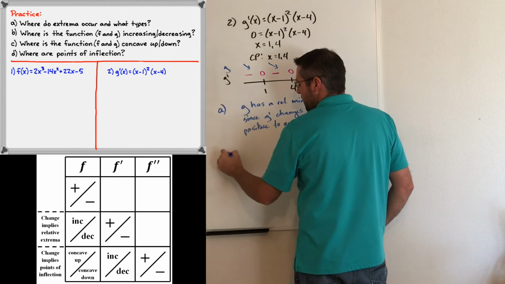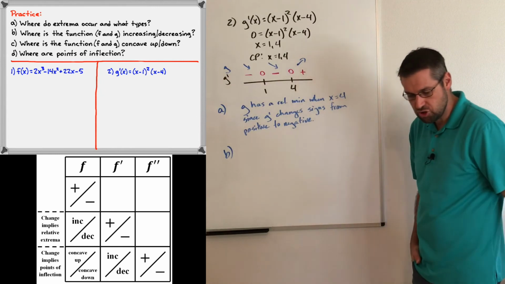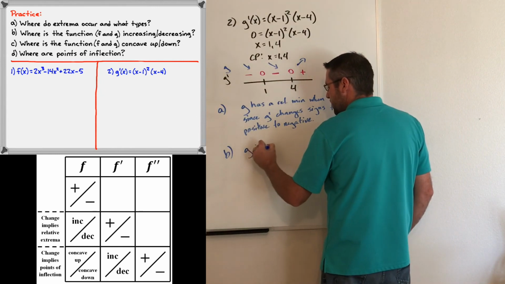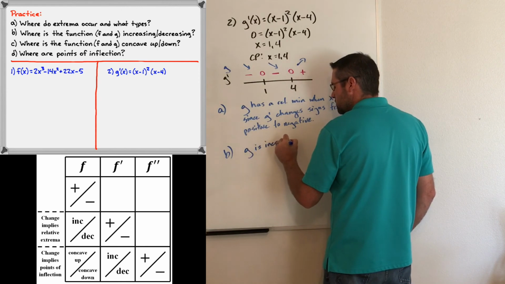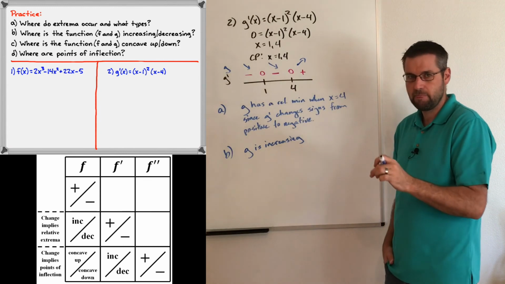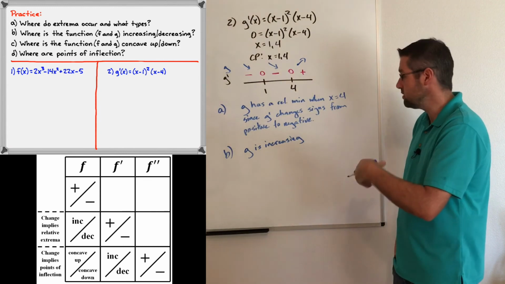If we're looking at B, B is related. It says, when is g increasing? Well, let's justify this in our brains before we write it down. g is increasing on the chart when g prime is positive.